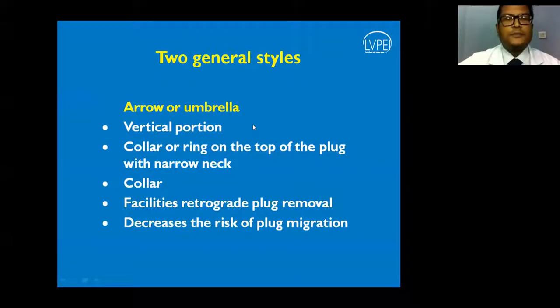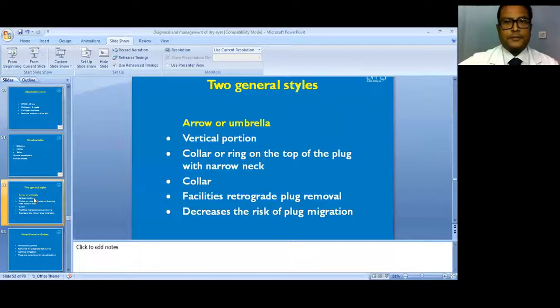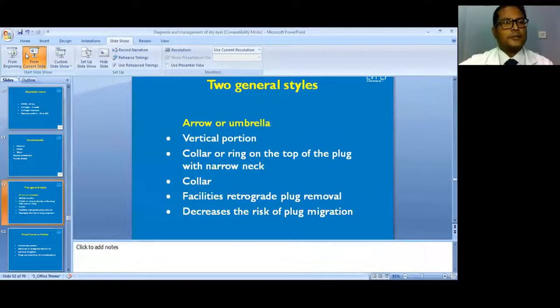One is the arrow or the umbrella variety, where there is a vertical portion, a collar or ring on the top of the plug with a narrow neck, and it facilitates retrograde plug removal and decreases the risk of plug migration.